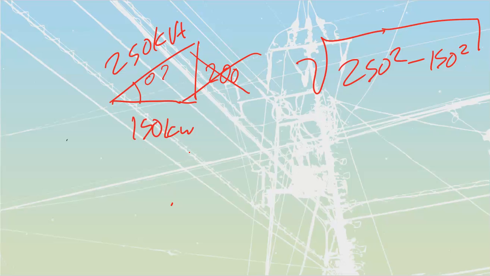The next thing they're going to ask us is a little bit more complex, where we're going to start going into values of currents as well. They're giving us a system with a load. We don't know what that load is, but they're telling us we have 240 volts.